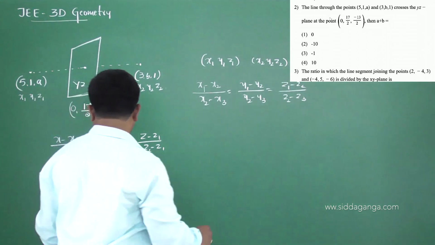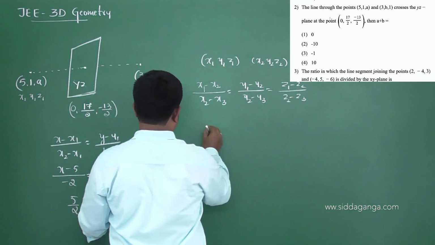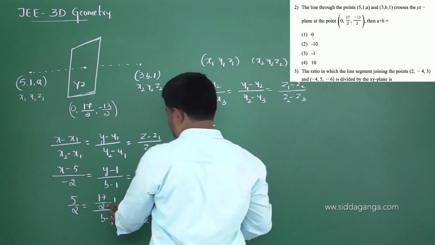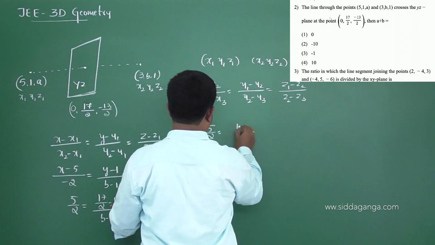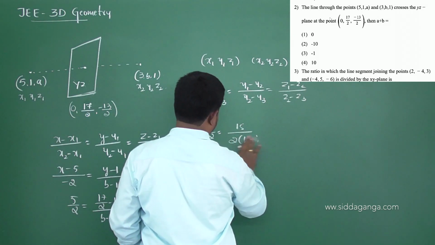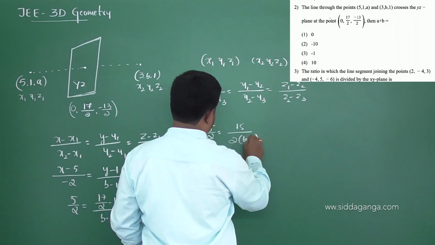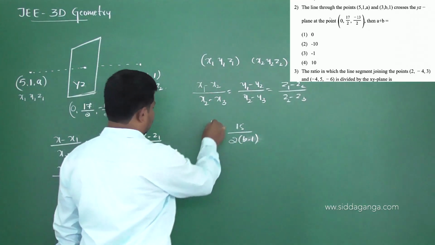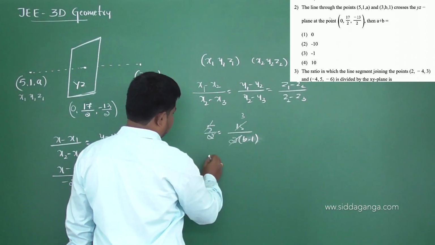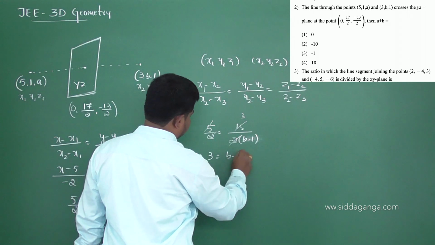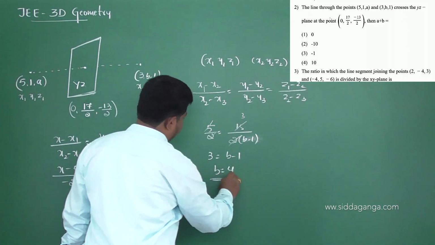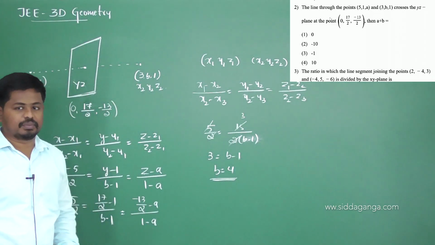So now let us take this relation. 5 by 2 equal to 17 minus 2, 15 by 2 times b minus 1. On simplification, the 2s get cancelled and you get 3 is equal to b minus 1, or b minus 1 is equal to 3, so b is equal to 4. So we have got the value of b, that is 4.